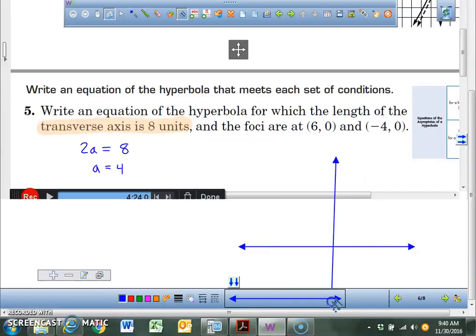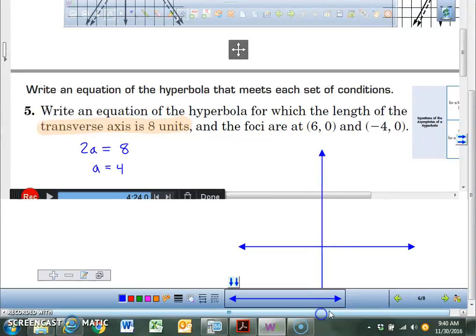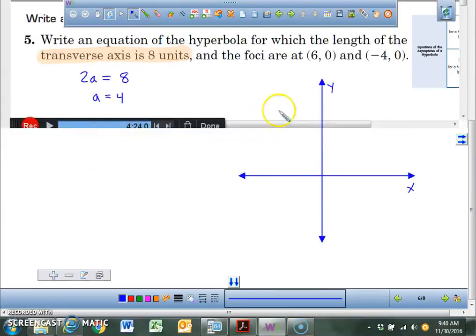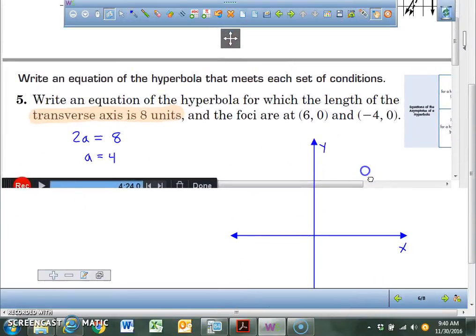If you were to make a coordinate grid on your paper, call that your x-axis. Call that your y-axis. Label this your x, label this your y. What I'd like you to do is plot a couple of points.